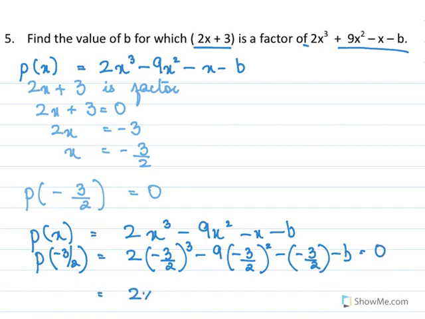So we now find the value. This would be minus 27 over 8 minus 9, and this would be 9 over 4 plus 3 by 2 minus b equal to 0. In the next step, we'll have 2 into minus 27 by 8 plus 81 by 4 plus 3 by 2 minus b equals 0.